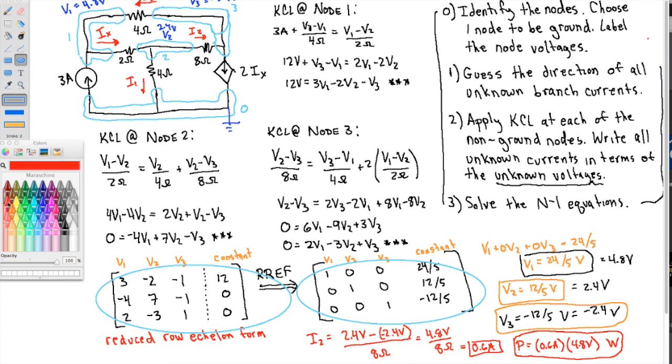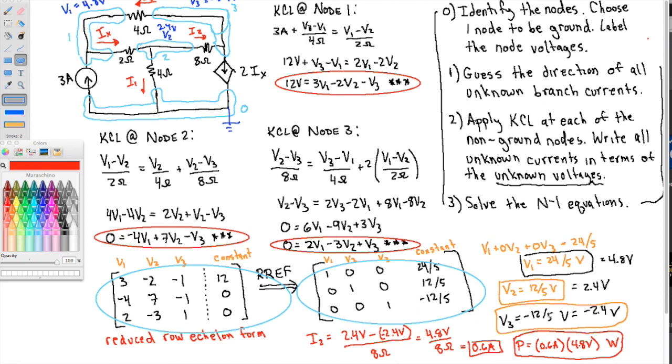I'm only interested in whether you can solve them correctly and whether you can get the equations to begin with. If you can get these 3 equations that I've circled in red, that's the electrical engineering part.